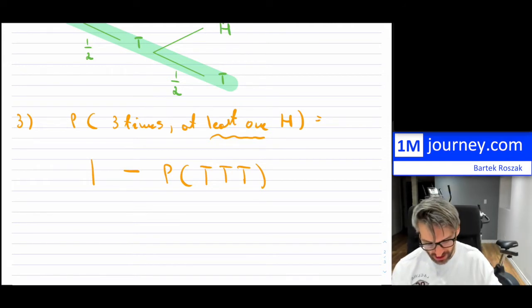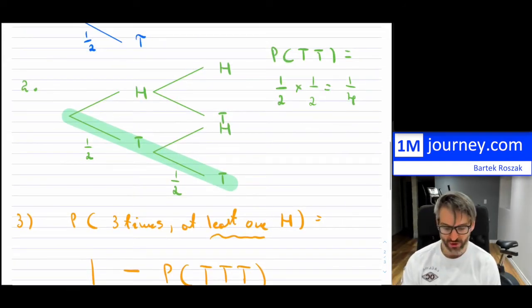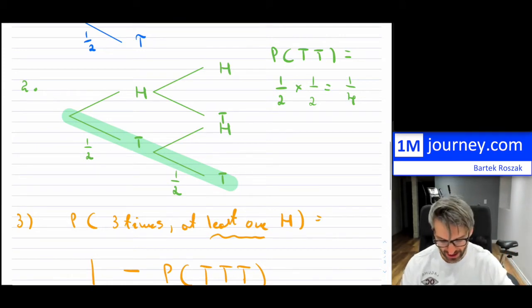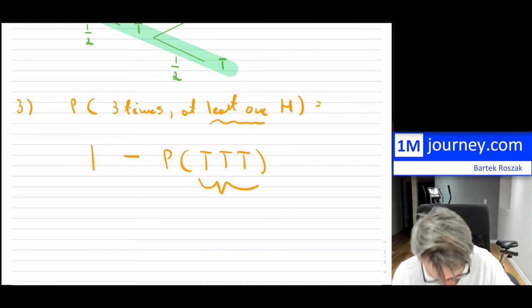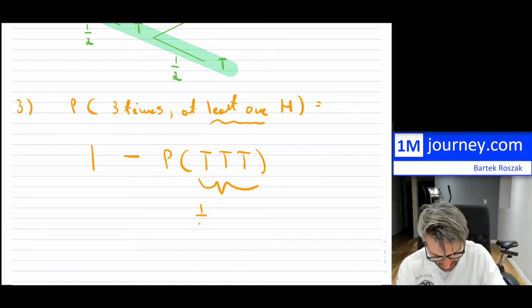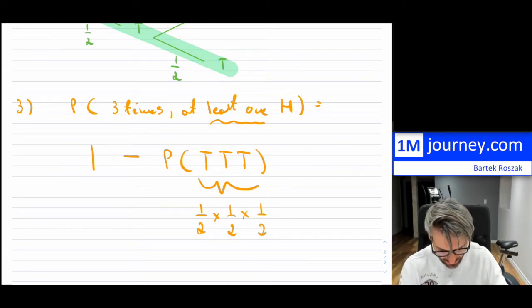If you would be drawing these tree diagrams again, it would be basically every single combination except the one that has all tails. So to get 3 tails, notice that's 1/2 multiplied by 1/2 multiplied by 1/2. Why?